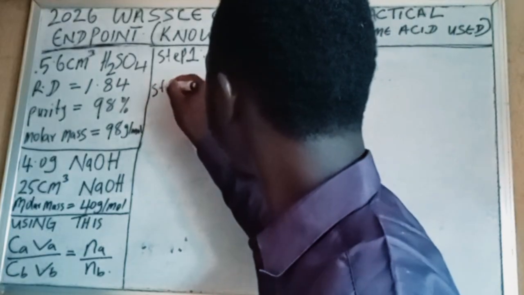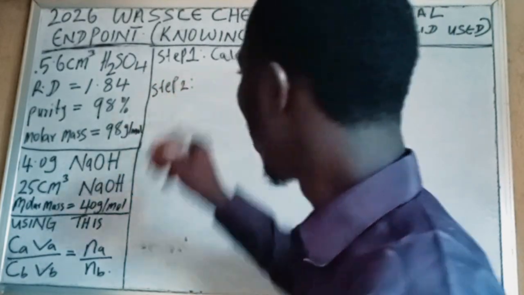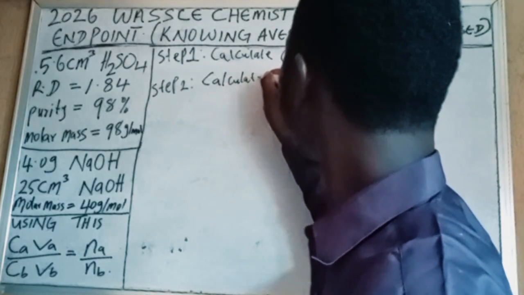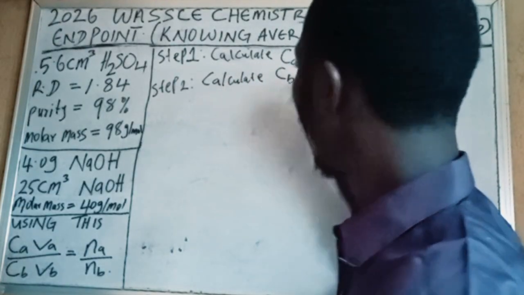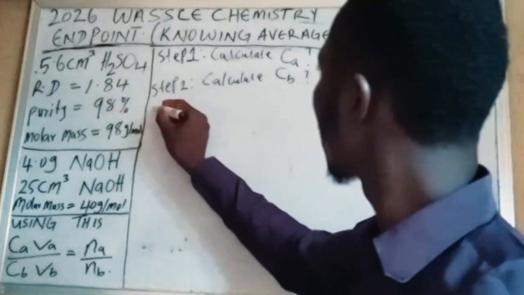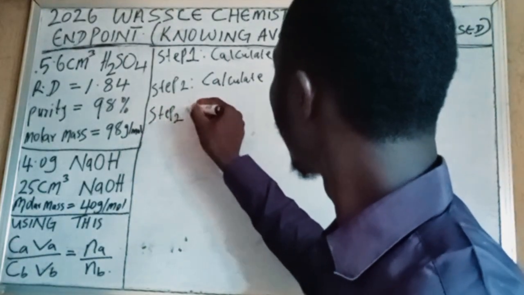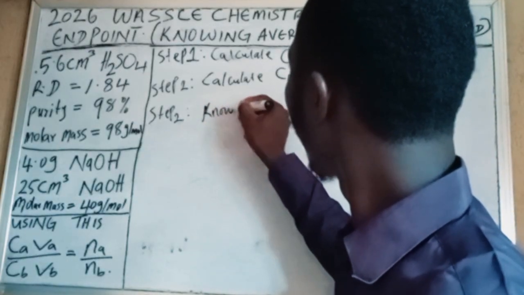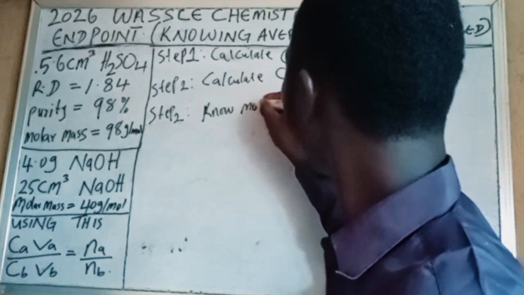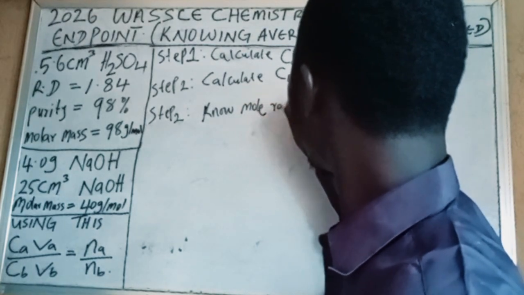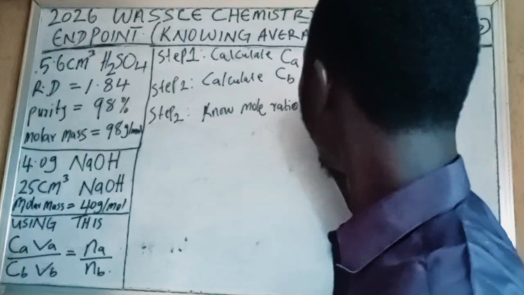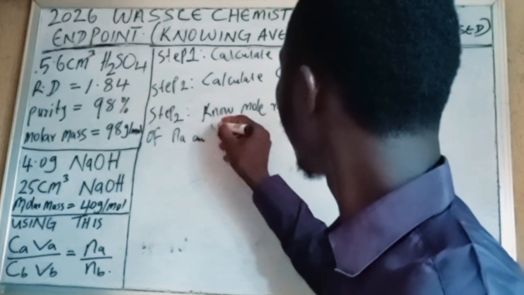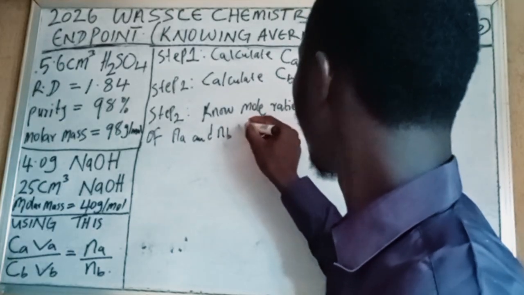Step 2, we are to calculate CB. Step 3, knowing the mole ratio of NA and NB.